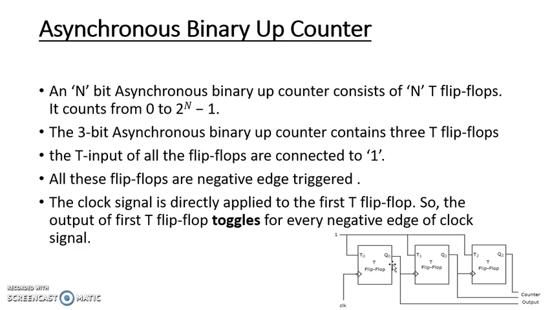I already told that the second flip-flop's clock input is connected to the Q0 output of the first flip-flop, and the third flip-flop's clock input is connected to the Q1 output of the second flip-flop, and so on. So this is the general construction of an asynchronous counter.